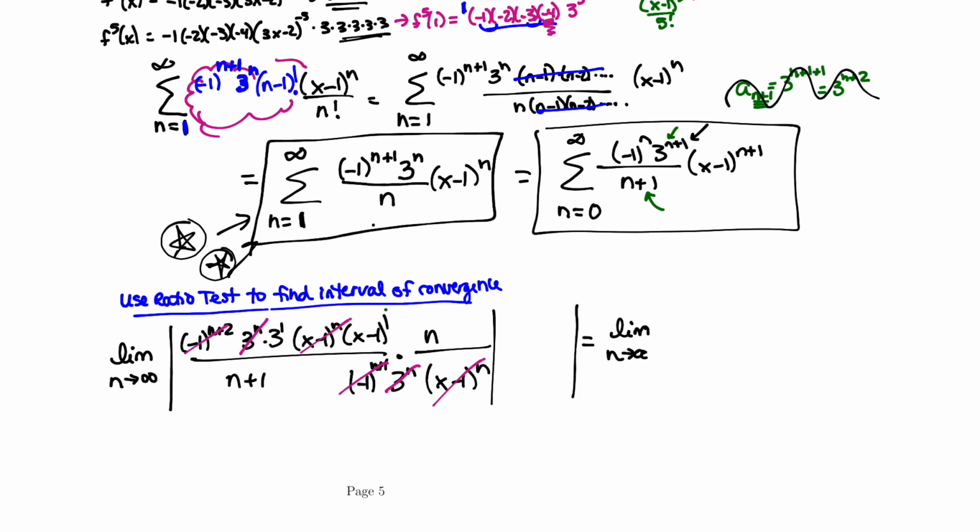So that's giving me the limit as n goes to infinity of 3n over n plus 1 times the absolute value of x minus 1.